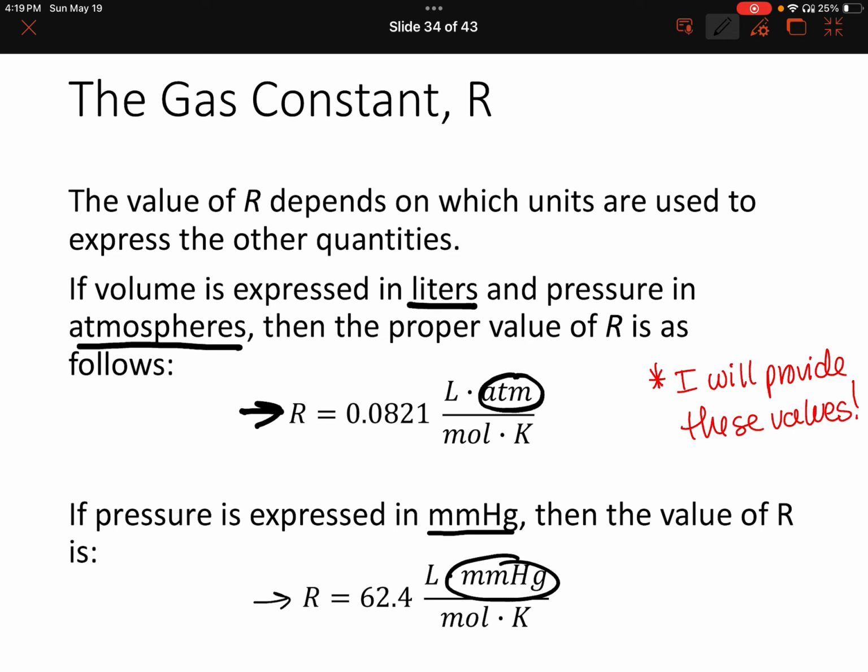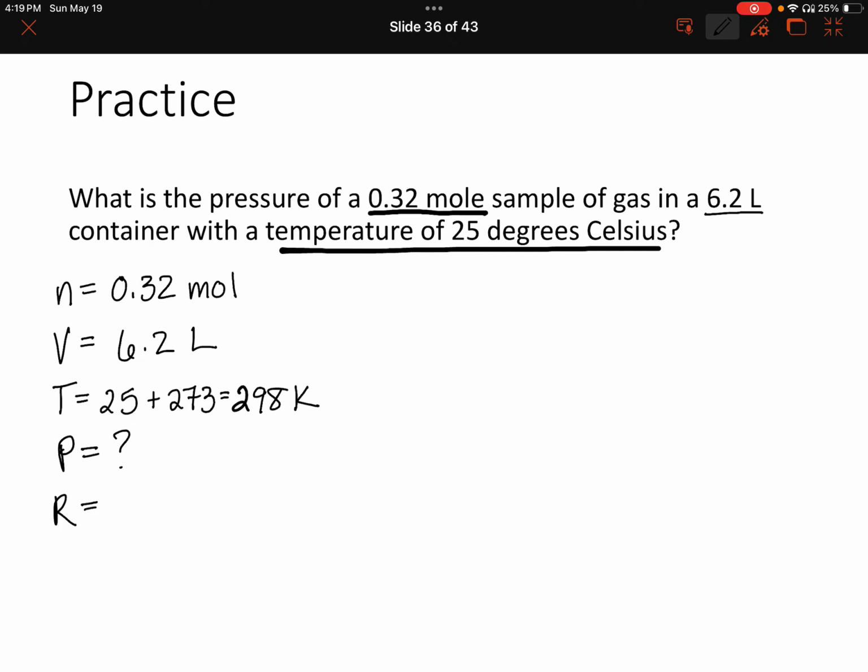So whichever one you want to use, you can use. It'll just affect your unit and the value of the pressure. I personally like using the unit of atmospheres, so I'm going to use the first gas constant: 0.0821 liters times atmospheres over mole times Kelvin.